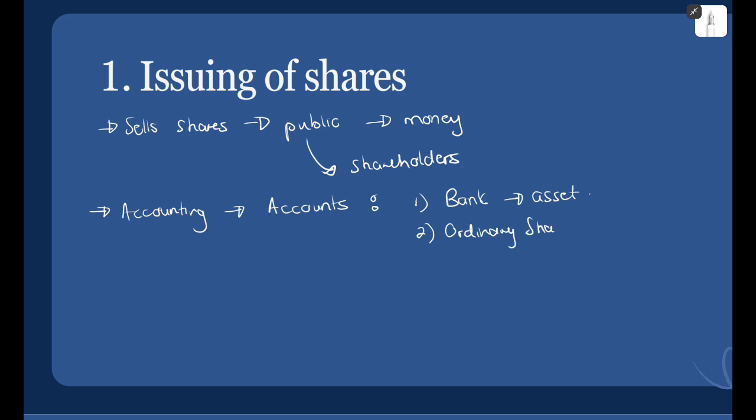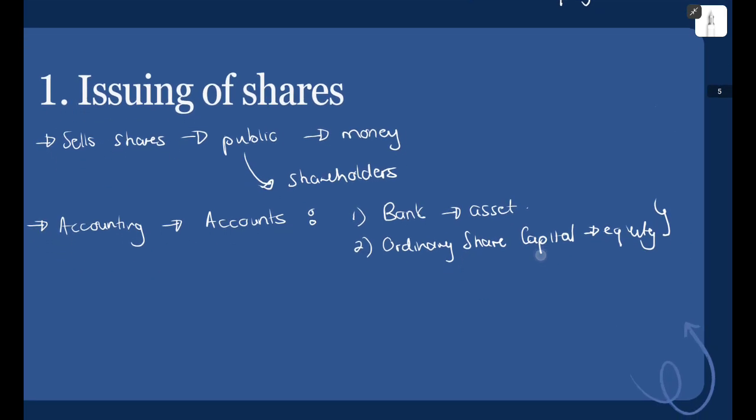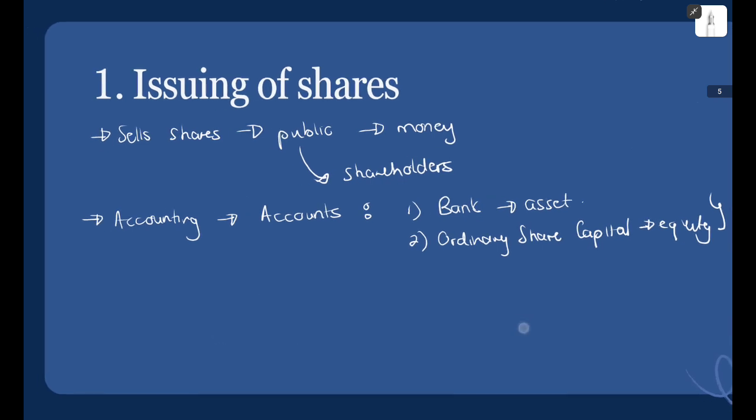All movements in shares are recorded in our ordinary share capital account, which is an equity account. Because it's an asset and equity, these two accounts will affect our balance sheet, because that's where assets and equity go. So these are the accounts that are affected.